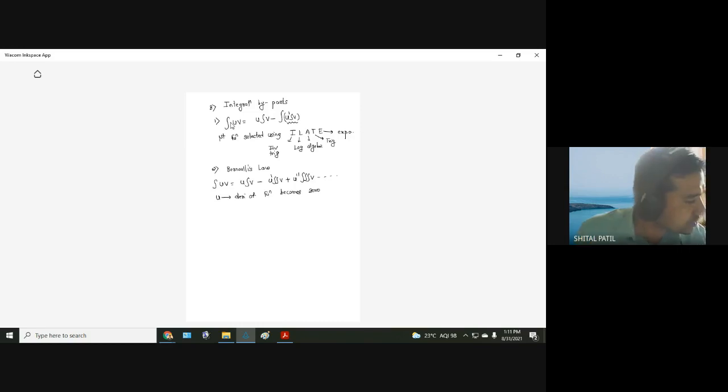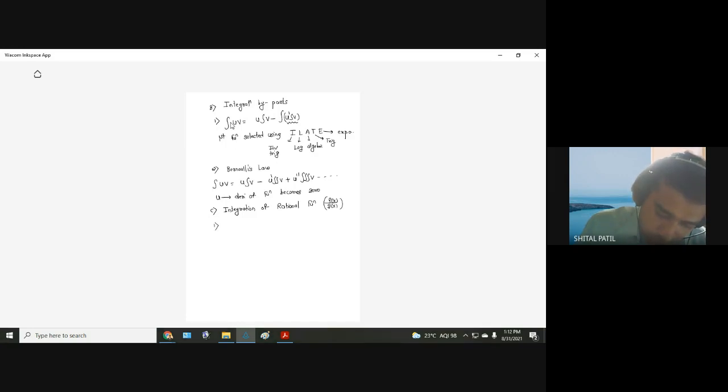Next, I think you know all these things very well. Integration by partial fractions. Integration of rational functions. A rational function means a function which is written like this, f of x divided by g of x.